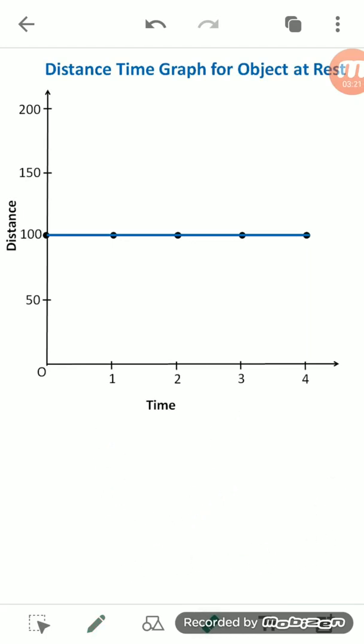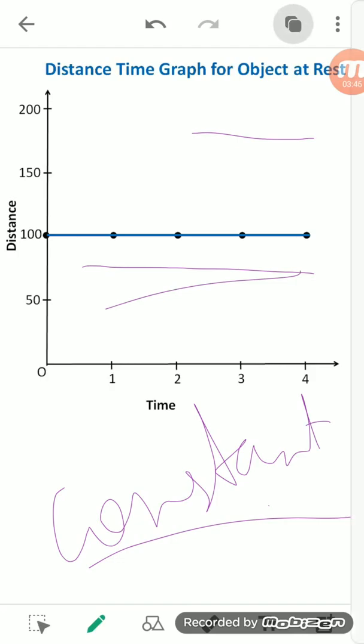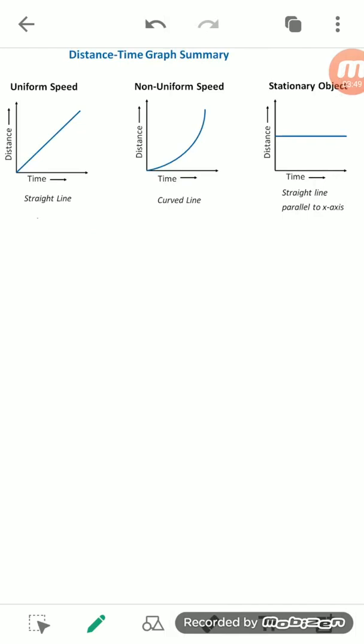What happens if an object is at rest? When an object is at rest, the distance time graph for that object will be a straight path, or it will be constant. Here you can see there is no change in the distance with the time. So by this we can conclude: if the distance time graph of a body is a straight line, then we call the speed uniform.